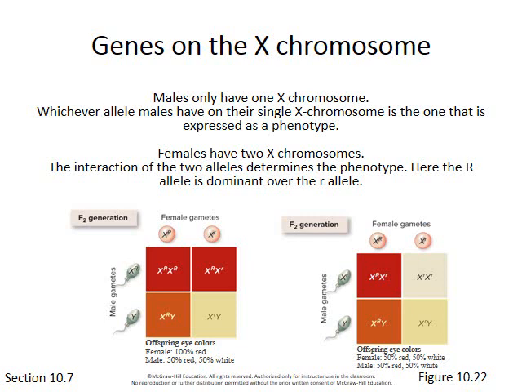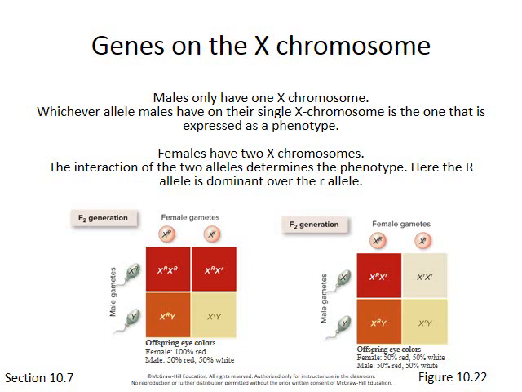So genes on the X chromosome are going to be a little different, especially if you are a male. Males only have one X chromosome. Whichever allele is on that X chromosome is going to be expressed because there is no other allele. There's just the one. So if it's dominant, it will be expressed.